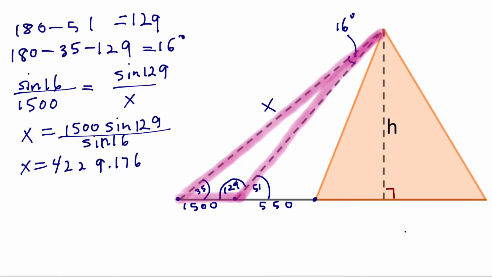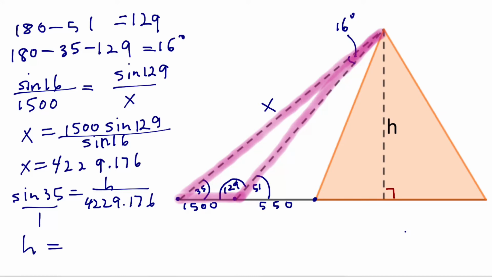Now I can do right triangle trig because I've got this angle and the hypotenuse, and I can figure out h because the sine of 35 is equal to h over x. So sine of 35 is equal to h over 4229.176, so h is equal to 4229.176 sine of 35.